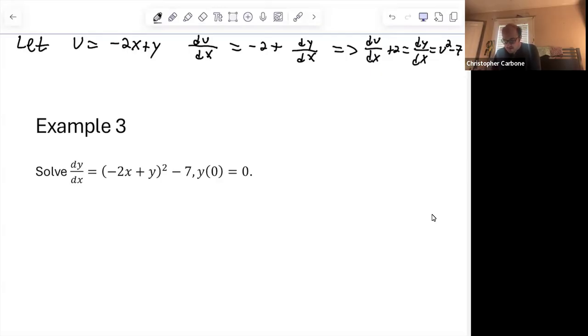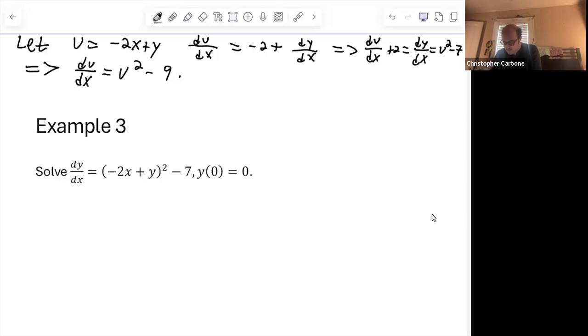And now that means that du over dx, I'm subtracting back over that 2 now, is going to be equal to u squared minus 9. And the separation of variables portion regarding this would be dividing by that u squared minus 9 and multiplying by dx.